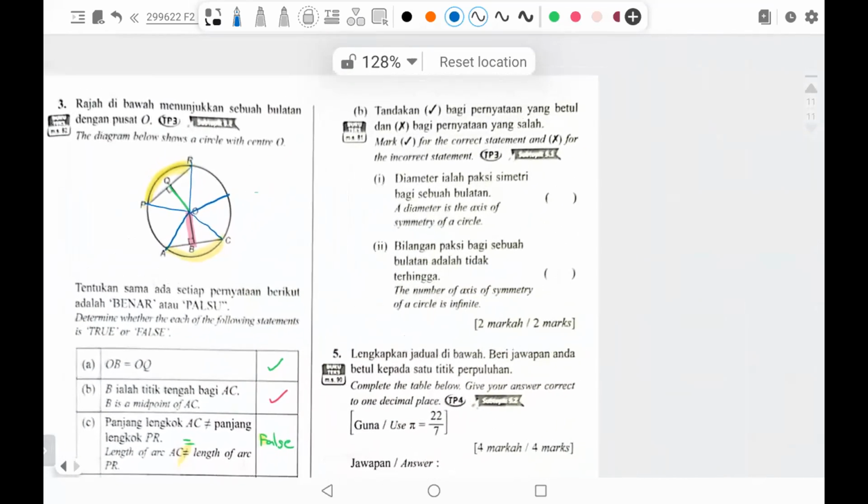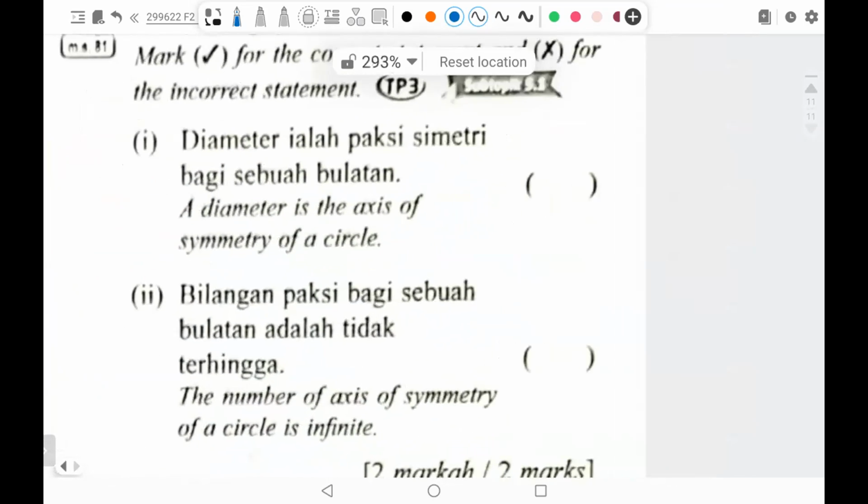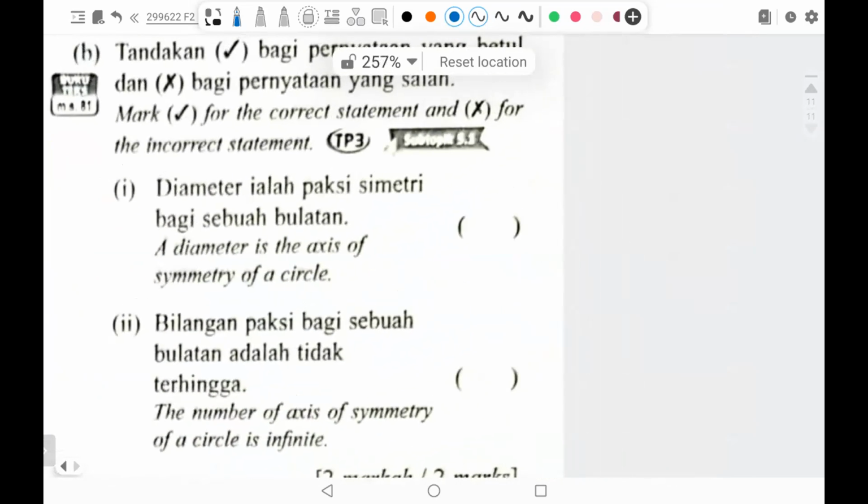Based on this diagram again, here. No need to base on that one also can. Last two sentences. A diameter is the axis of symmetry of a circle. Axis of symmetry, like a magic line. It will cut the things into half. So is diameter the axis of symmetry?